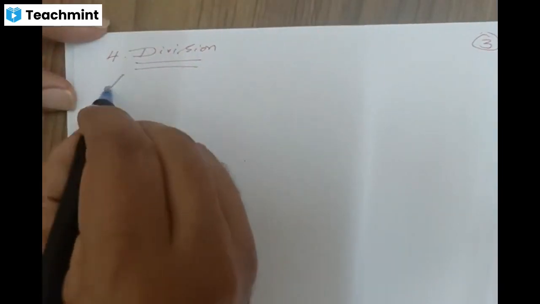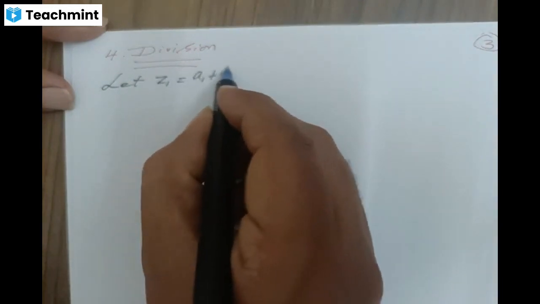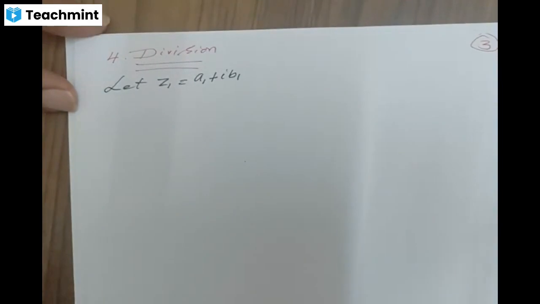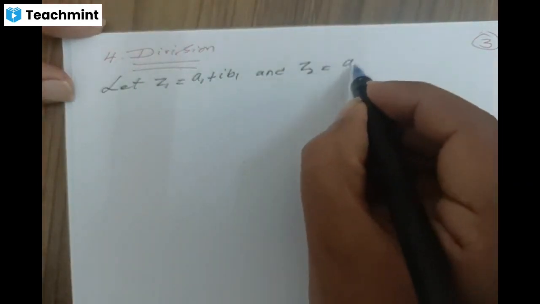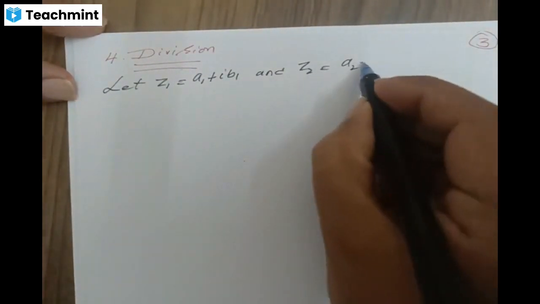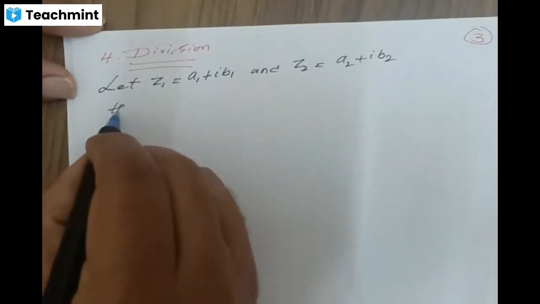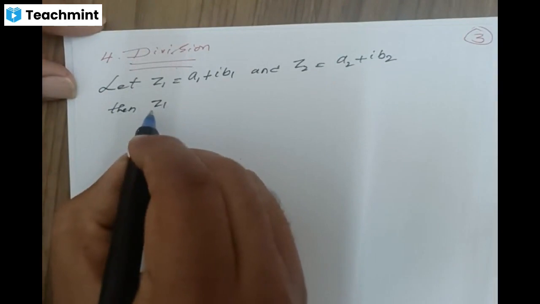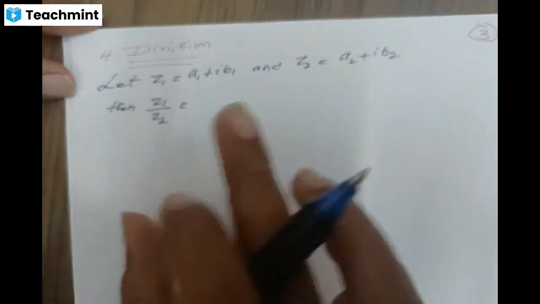Let z1 is equal to a1 plus i b1 and z2 is equal to a2 plus i b2. Then z1 by z2 we can also express in terms of a plus ib form.